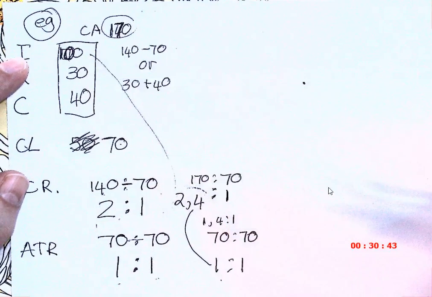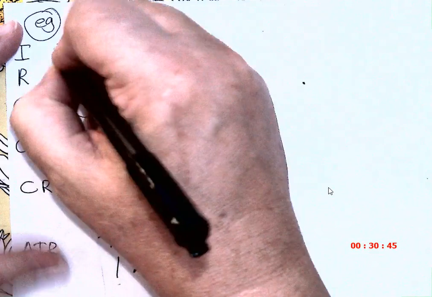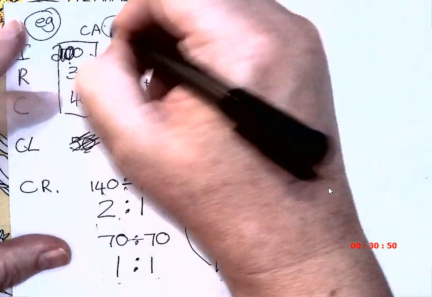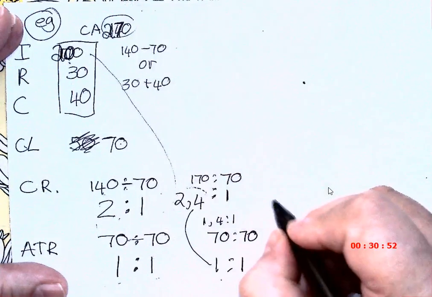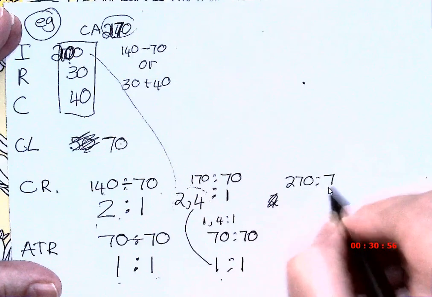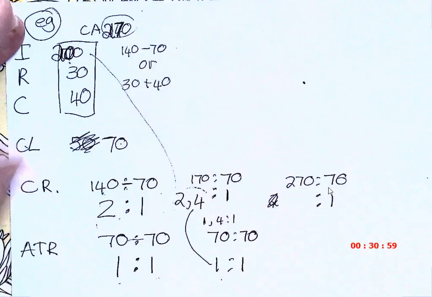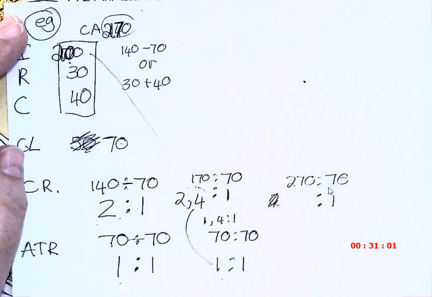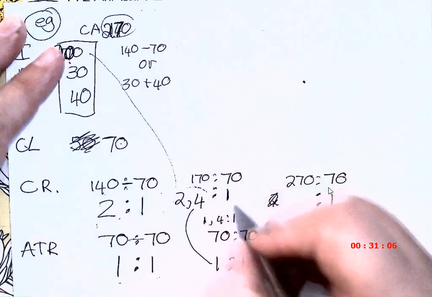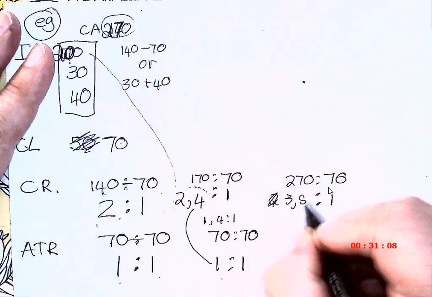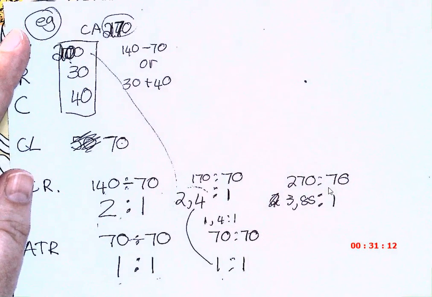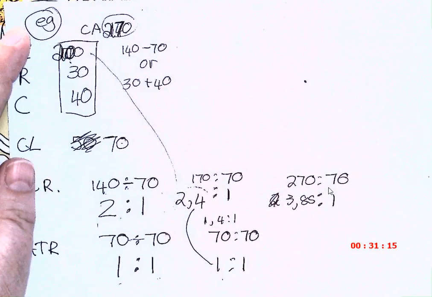Let's do it that this is 200. So now I've got what? 270. So 270 to 70 gives me what to 1? 270 divided by 70 gives me 3 rand 85. It looks good. But is it good? Let's see.